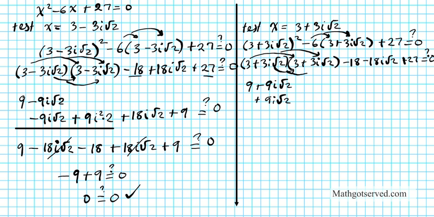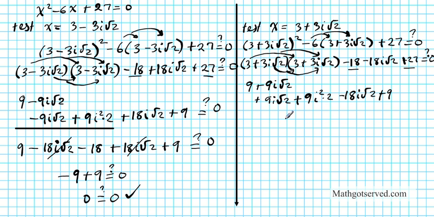And when we do the last, it's plus 9i squared, root 2 times root 2 is just 2. Then I can bring down negative 18i root 2. When I combine negative 18 and positive 27, I get positive 9.